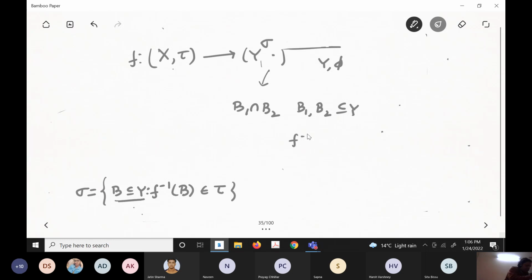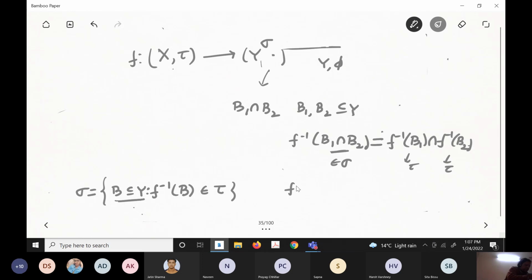So f inverse, that I already told you, there is no problem. But you have taken from here. So this belongs to tau. This belongs to tau. Tau is a topology. So this belongs to tau. So by this definition, this belongs to sigma.